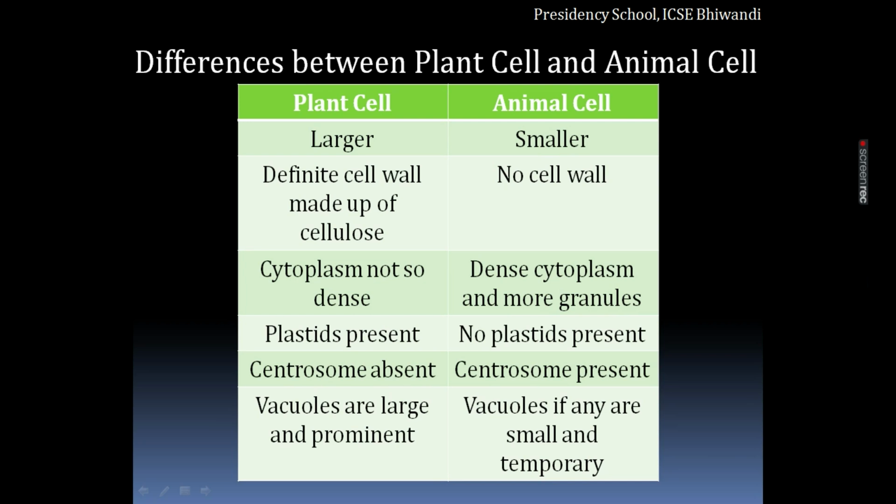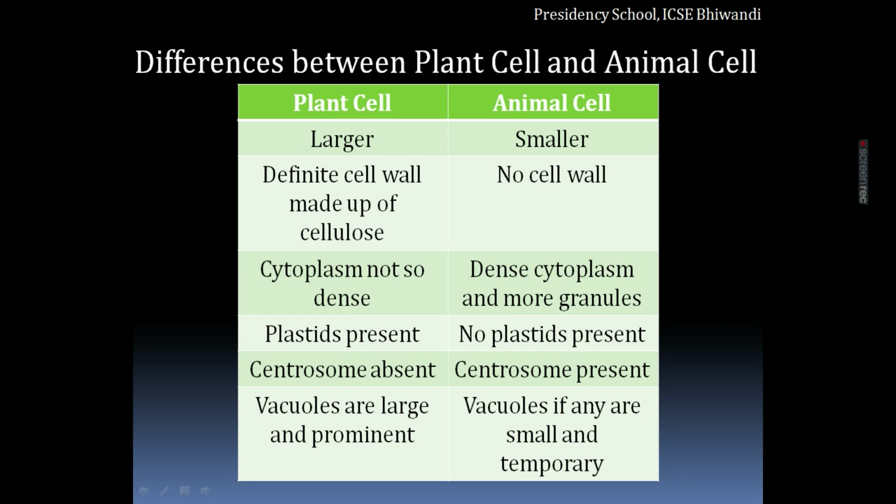Plant cell have a definite cell wall which is made up of cellulose, and in animal cell the cell wall is absent. You remember we have learned that cell wall is freely permeable, but cell membrane is a semi-permeable membrane. Cell wall is present only in plant cell, but cell membrane is present in both plant as well as animal cell.